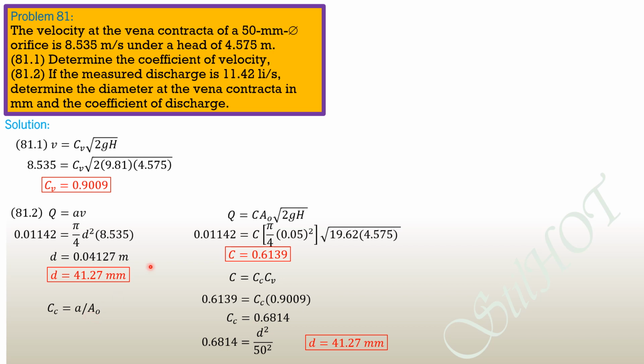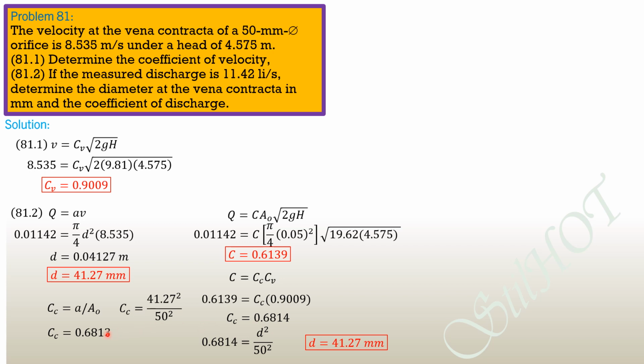We just use the ratio of diameter square. So C sub C is 41.27 square over 50 square. So C sub C is equal to 0.6813. So there's a very, very small discrepancy, but it's acceptable.